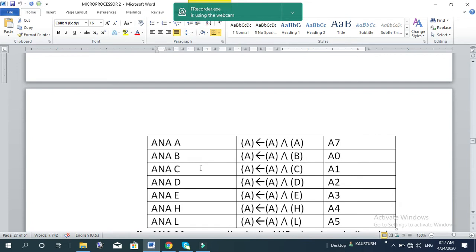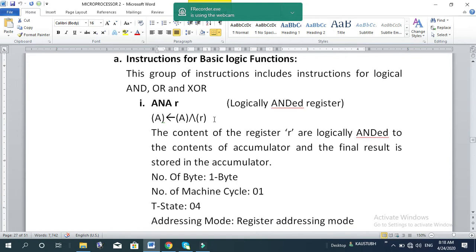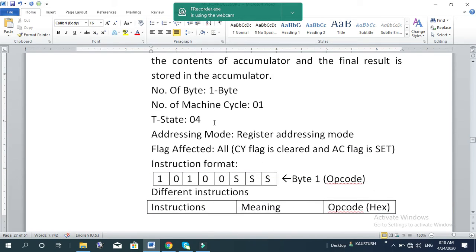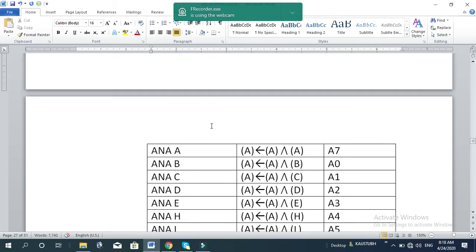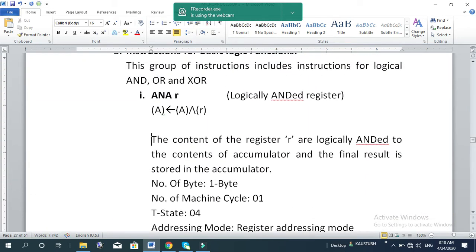I am just showing it with an example. Say ANA B, I am showing.